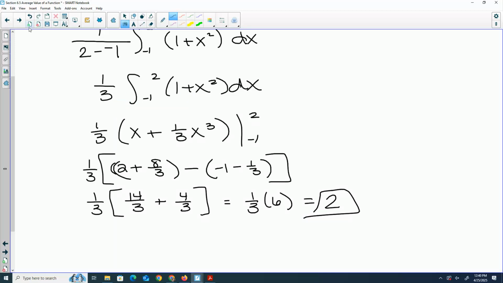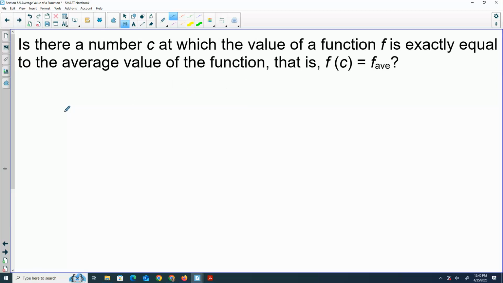Alright. Any questions about calculating the average value? So the next question is, would there be a number, c, where the function is equal to the average value? Yeah, that should happen. And we've kind of seen that before in our velocity questions. I think we talked about the mean value theorem.